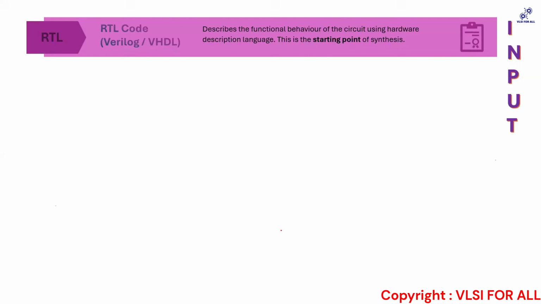The main input required is your recipe book. For example, if you're making pav bhaji, it will say take this much potato, capsicum, take this much of this. This is a very high level description, and this is called your RTL code.